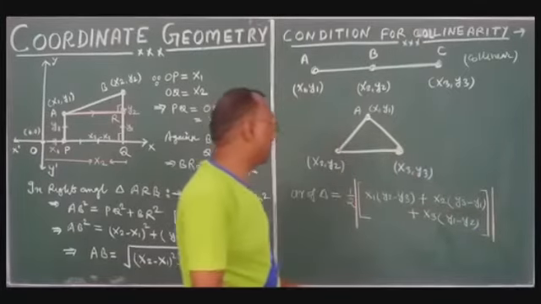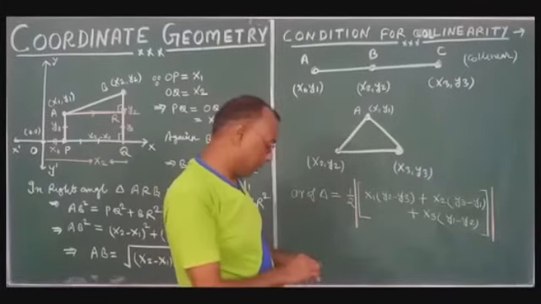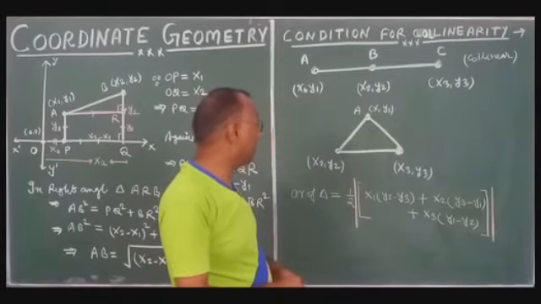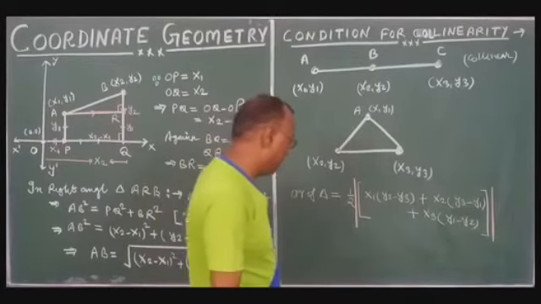Now just look here, if the points are collinear, then there will be no triangle.